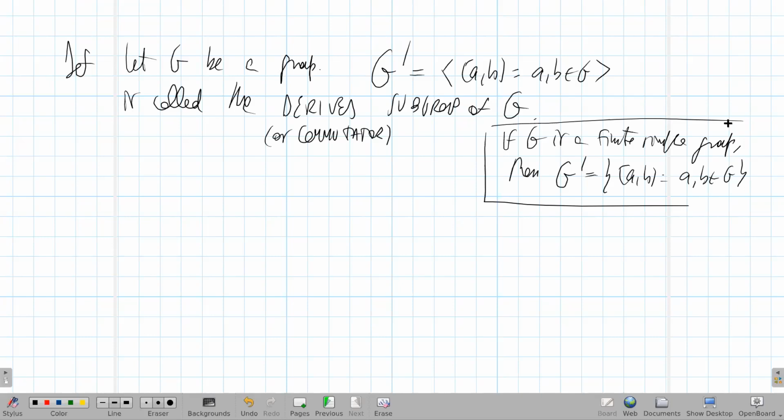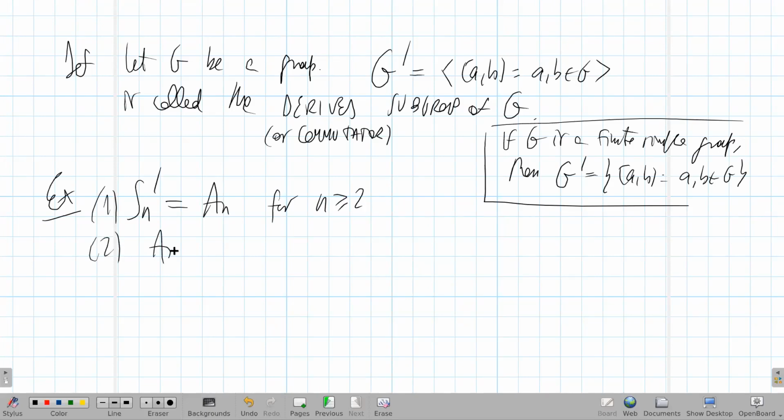There are a few exercises. Let's state a couple of exercises that you'll find in the notes. You can prove, now I can safely use Sn for the symmetric group, that the derived subgroup of the symmetric group is the alternating group, for n greater than or equal to 2.